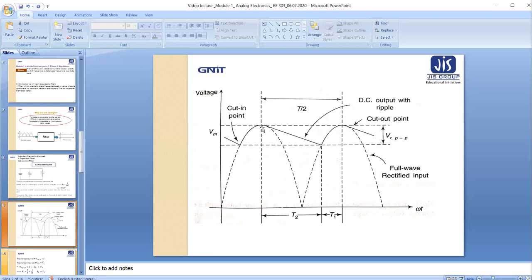Now, if we consider the first case, where the capacitor quickly discharges, then the output across the capacitor will be nothing but a resemblance of the rectifier output. So our objective will not be fulfilled.